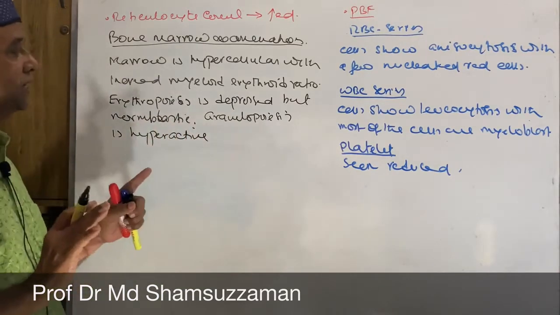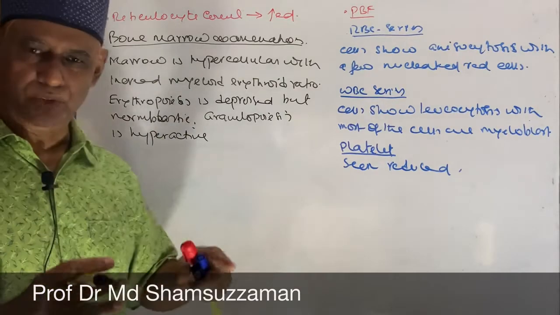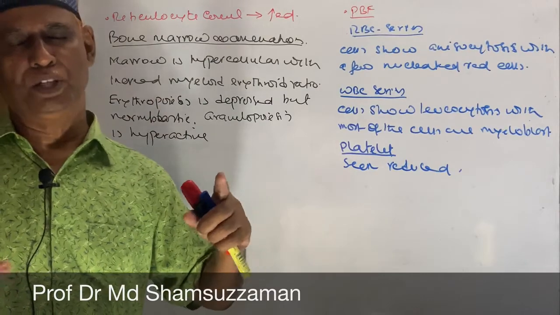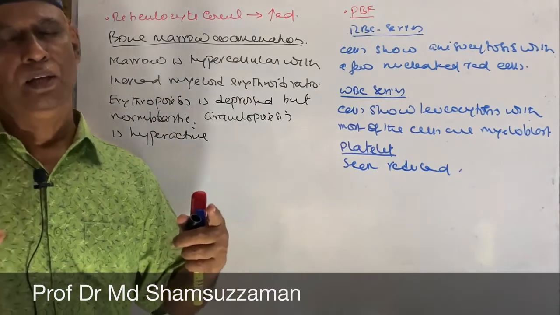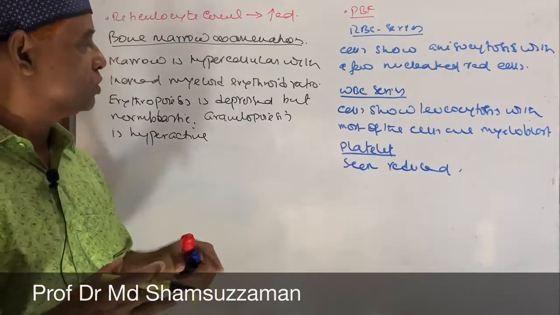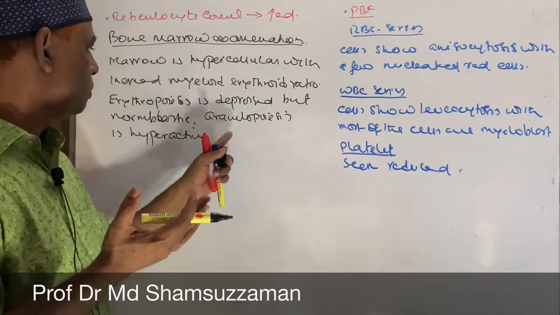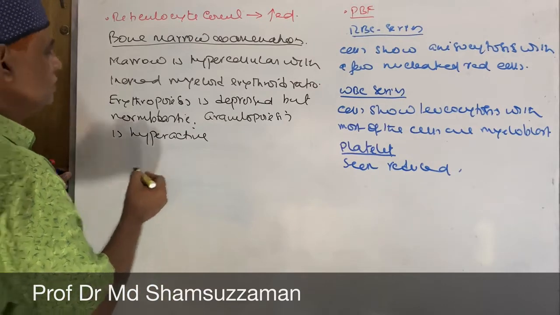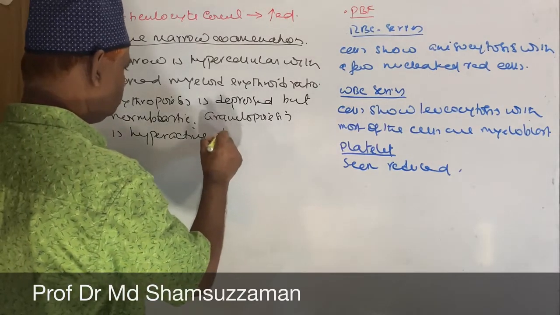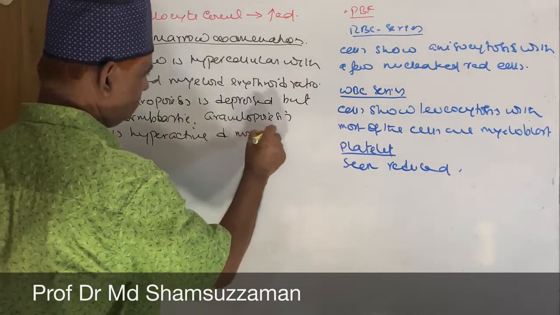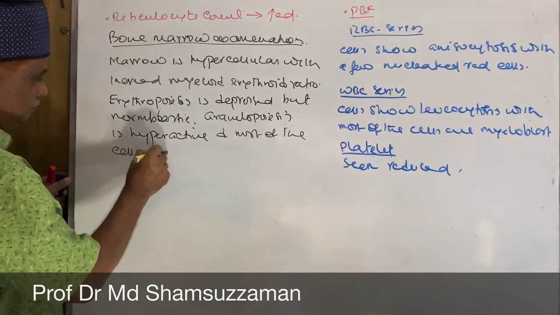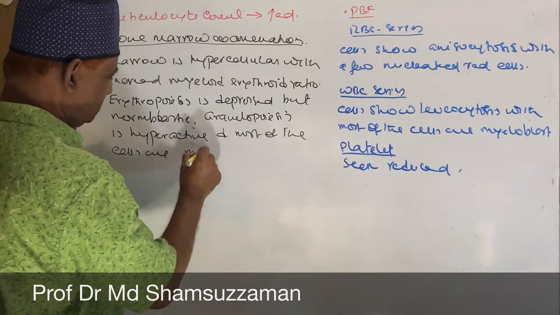Dear audience, as it is a cancer of the granulocyte series, granulopoiesis is hyperactive. But in acute lymphoblastic leukemia, as it is a cancer of the lymphoid series, the lymphoid series is hyperactive, so granulopoiesis was depressed. So granulopoiesis is hyperactive here, and most of the cells are myeloblast.